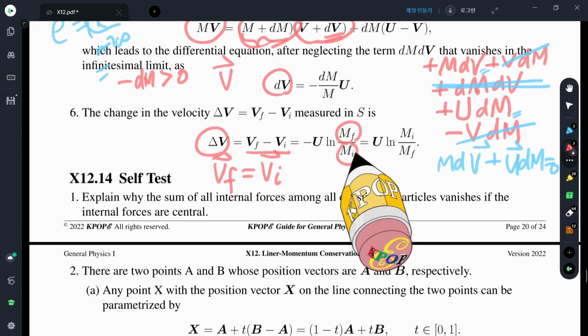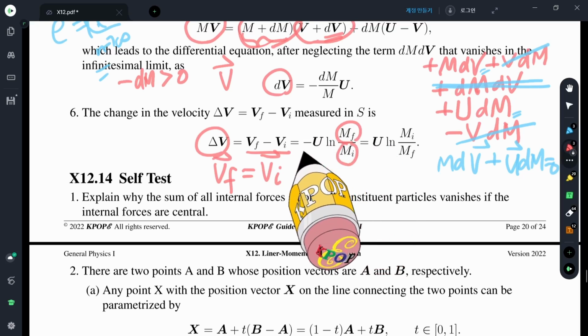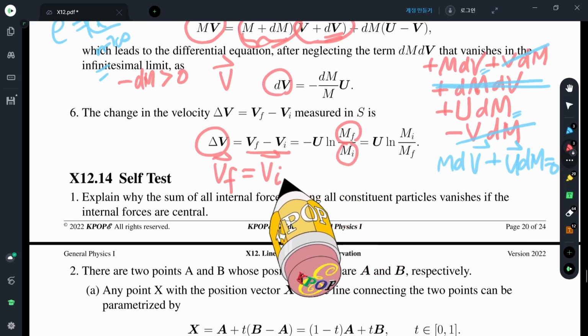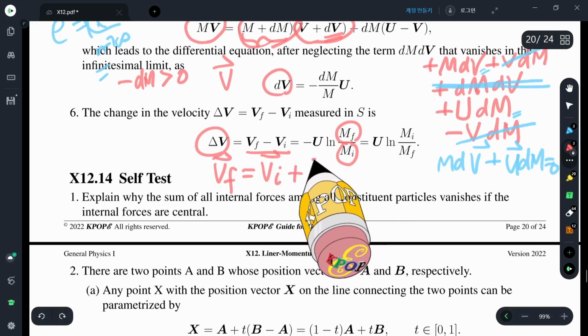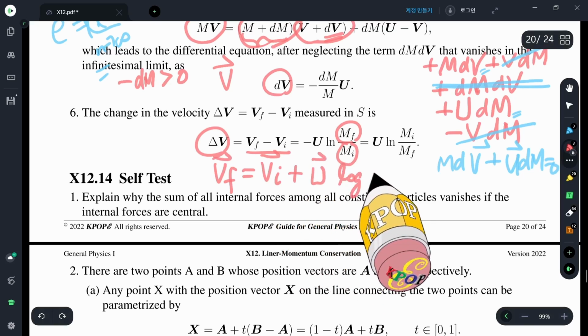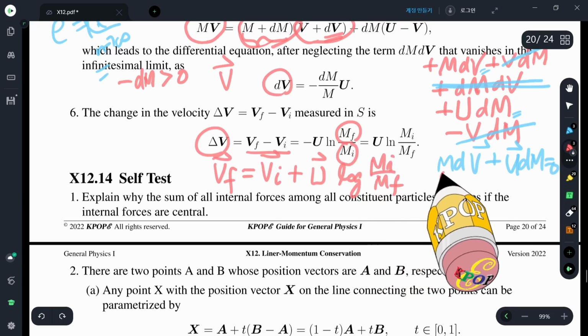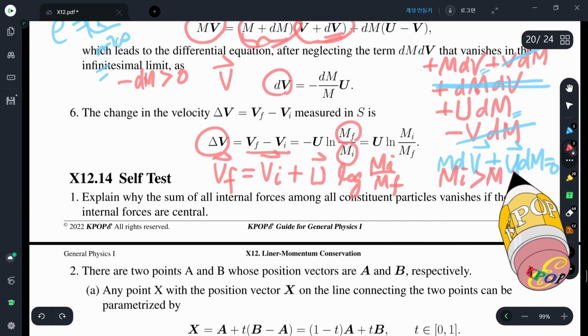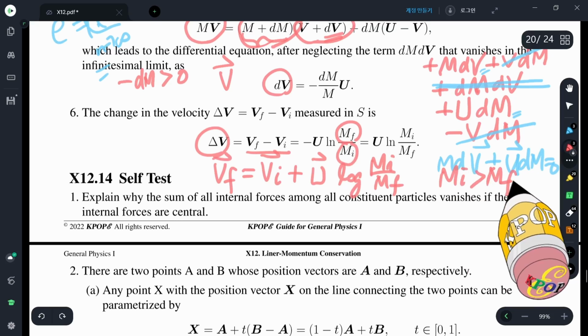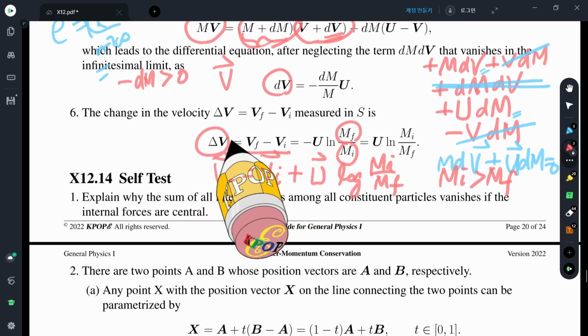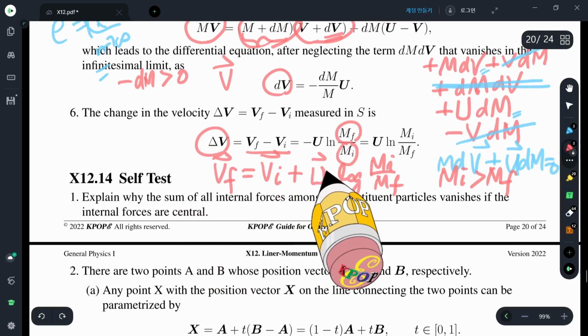So let me turn it upside down and we flip the sign. Plus u log mi over mf. And mi is always greater than m final. So that's the reason why the rocket is boosted up.